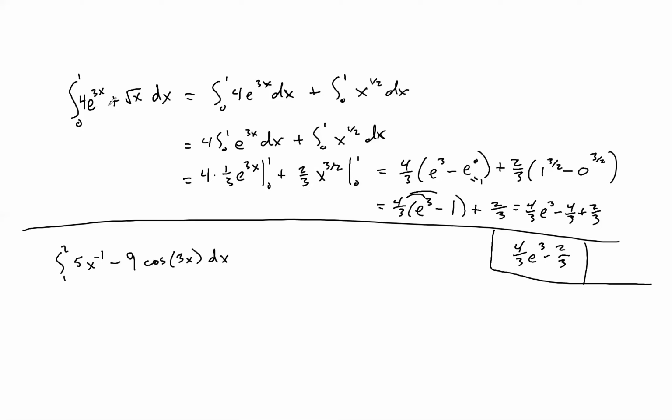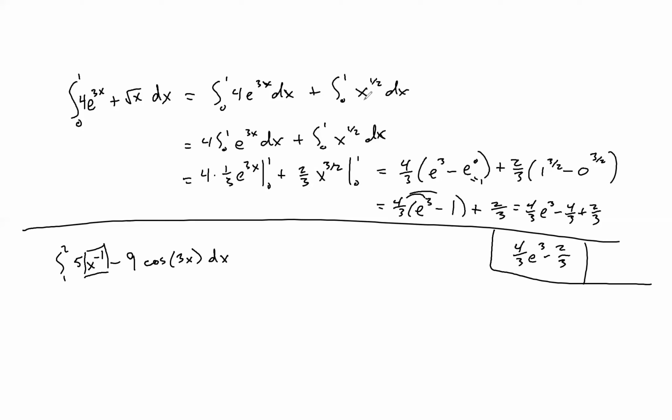All right, this last example, this integral from 1 to 2 of 5x to the negative 1 minus 9 cosine of 3x. I threw this in here because, for one thing, I want you to be really careful about this x to the negative 1. It looks like you should be doing the power rule, right? We've seen so many x raised to the power, and we've done the power rules.